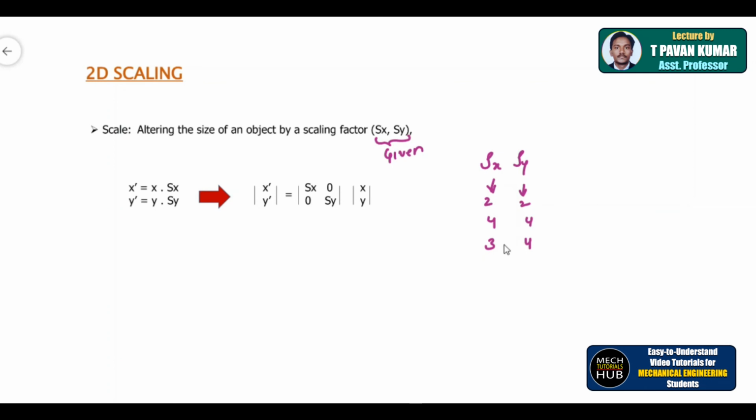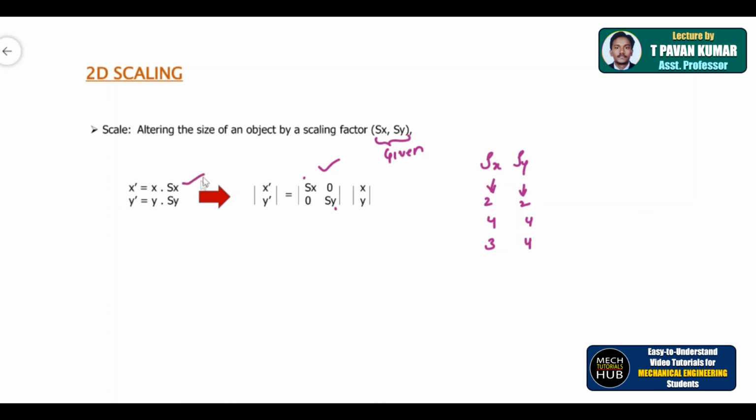For each and every task there is a matrix available. If it is a uniform scaling, a separate matrix can be written. If it is a non-uniform scaling, again this will help you. This matrix will help you if it is a non-uniform scaling, where the Sx value could be different, Sy value could be different. The same equation.